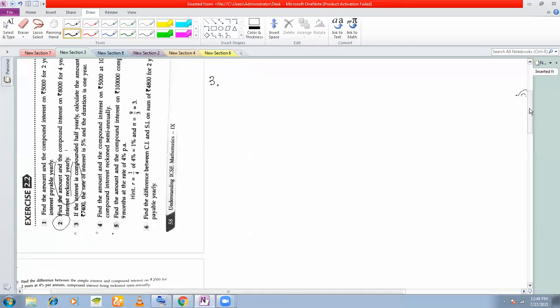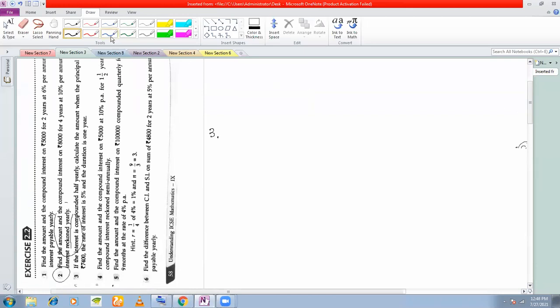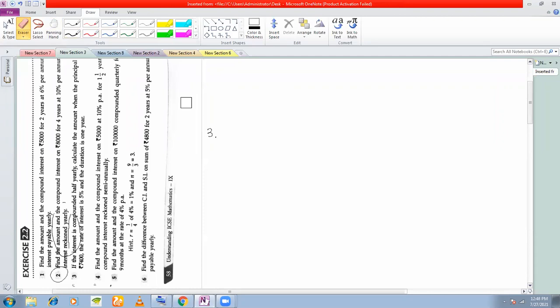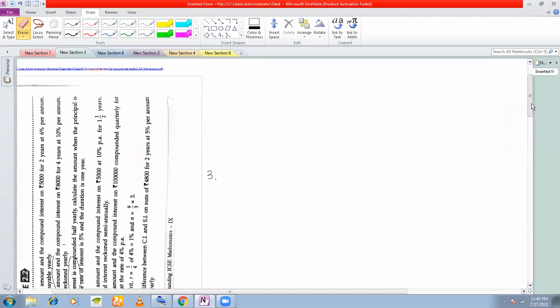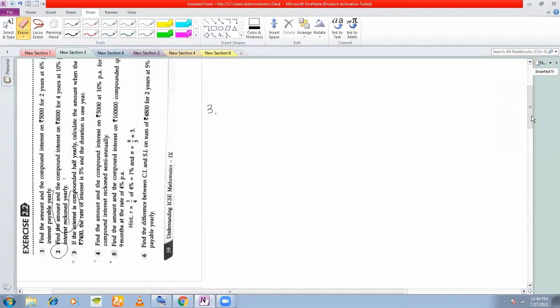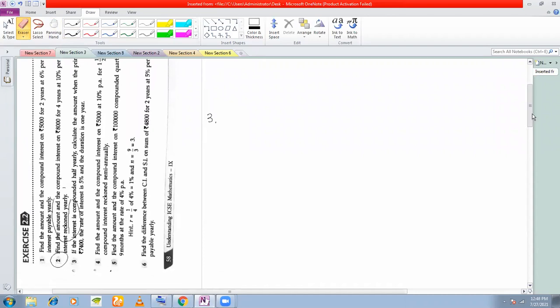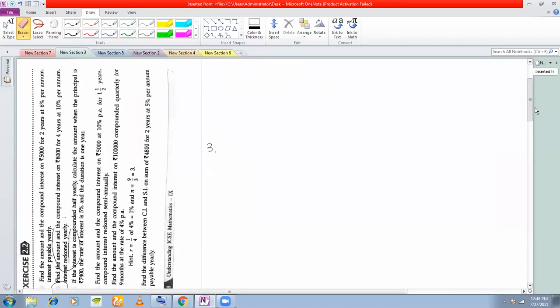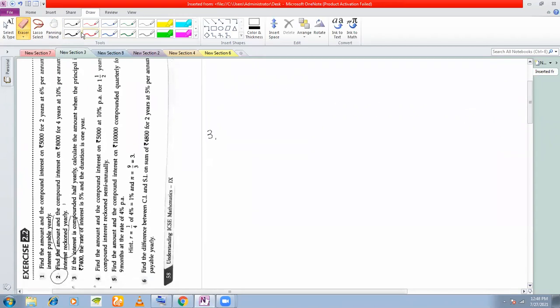The question here is, if the interest is compounded half yearly, calculate the amount when the principal is rupees 7,400, the rate of interest is 5% and the duration is 1 year. So that means interest compounded half yearly.